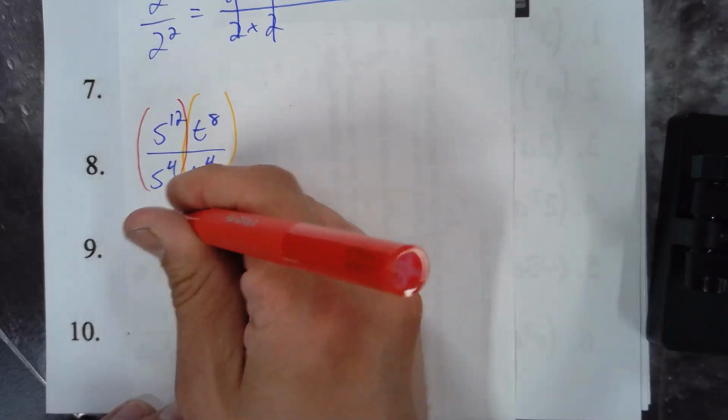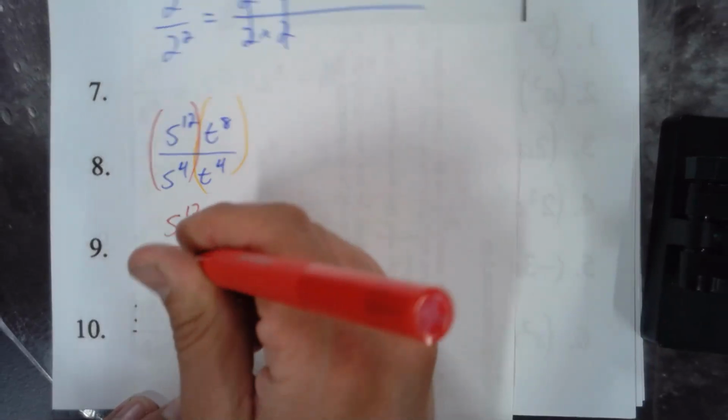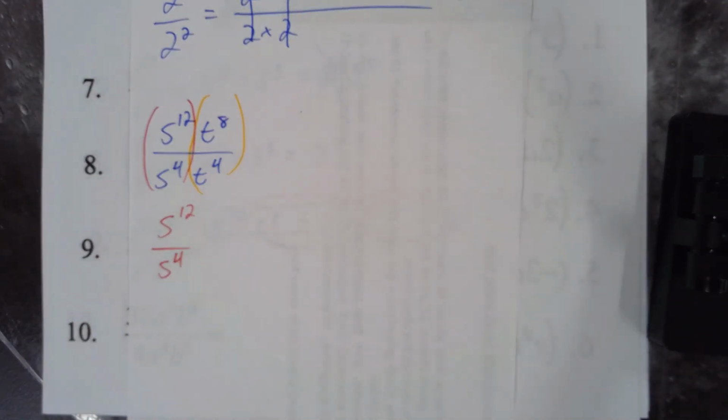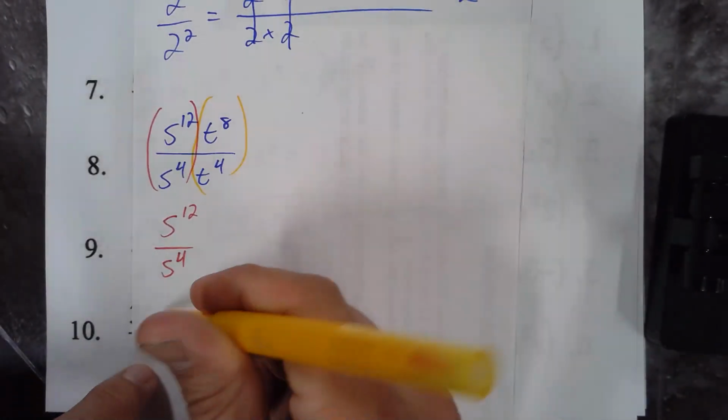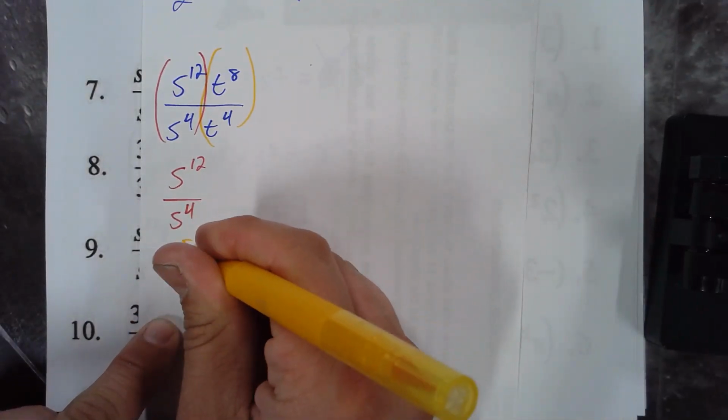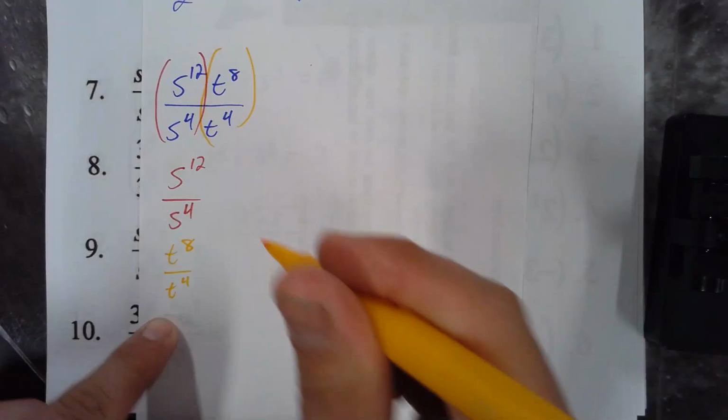So if it's easier to look at it as two separate problems, I could do s to the 12th divided by s to the 4th. And then I would have t to the 8th divided by t to the 4th. And then just solve those problems separately.